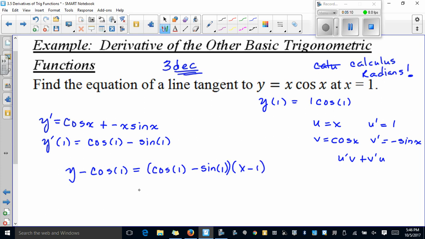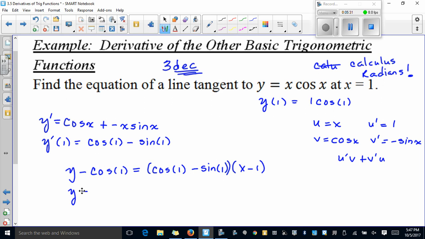I have everything here. This is what I'm looking for. If you don't have a calculator, this is an acceptable answer, as long as you have everything in where it's supposed to be. But what I'm going to do now is rewrite this with my decimal values with 3 decimal values.